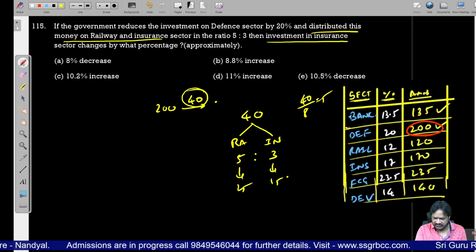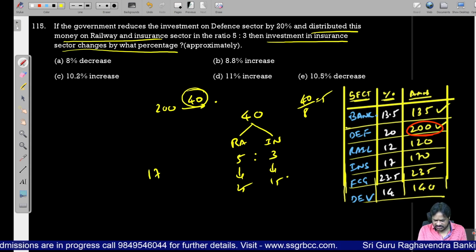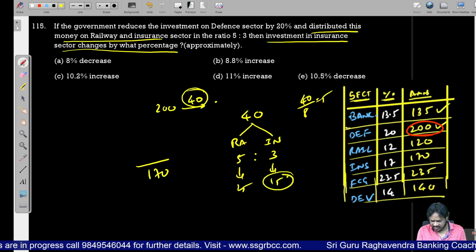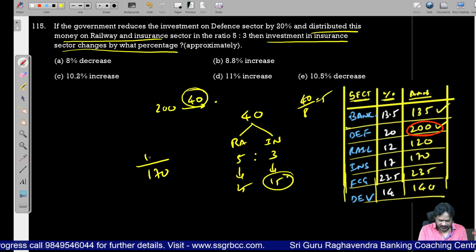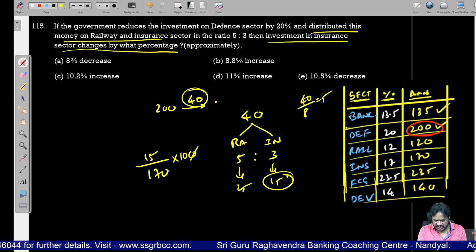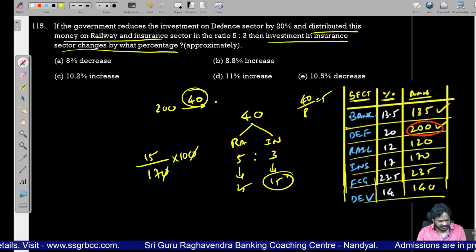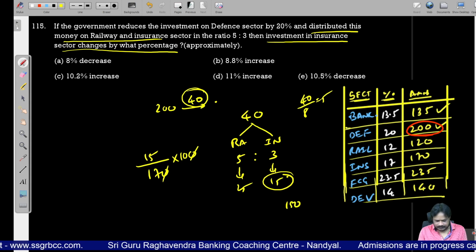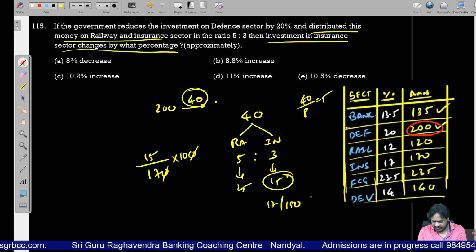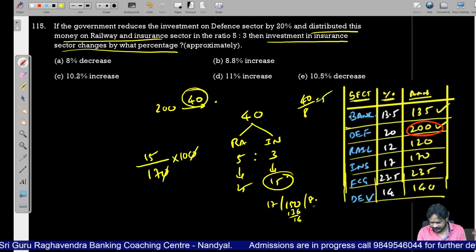Now, the investment in the insurance sector changes by what percent? Insurance was 170, and now there is an increase of 15. What percent is this? Into 100, the zeros cancel, and you divide 150 by 17. 17 eights are 136.